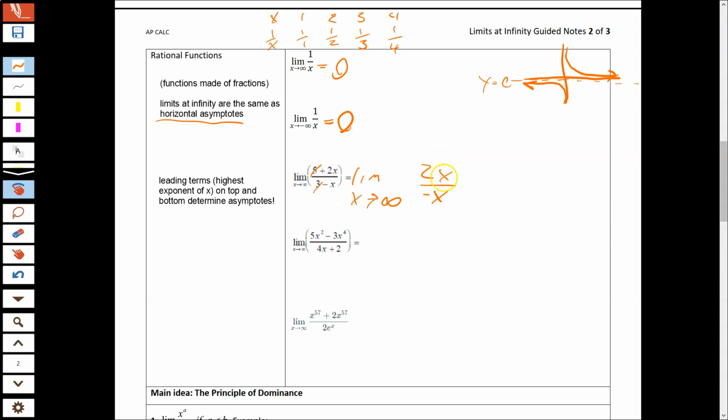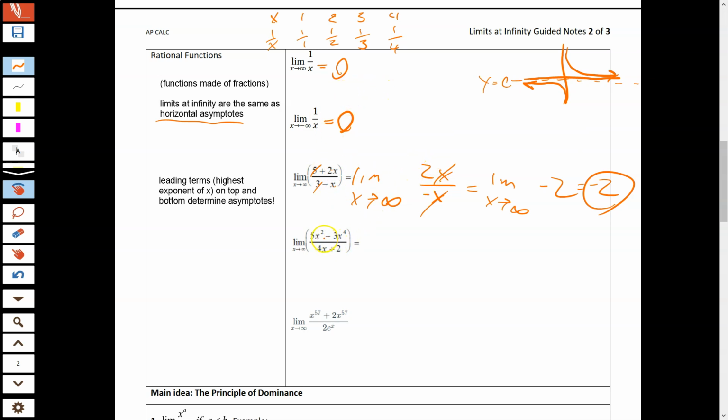Okay, and then look what we can do here. x over x cancels, and I'm left with just the limit as x goes to infinity of -2, which is just -2, right? So my limit is the ratio of these two coefficients because I have x and x.